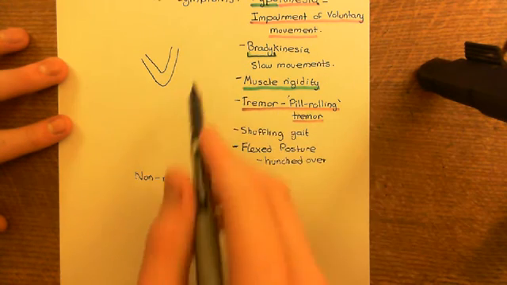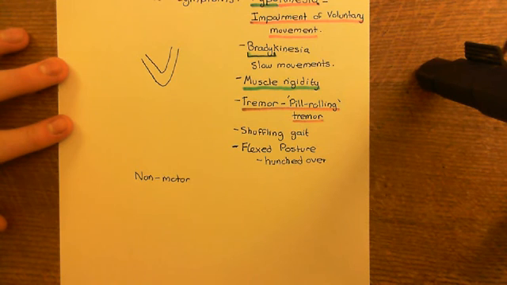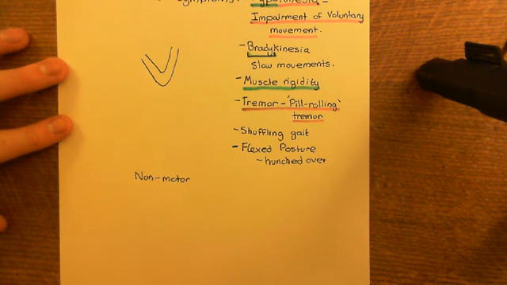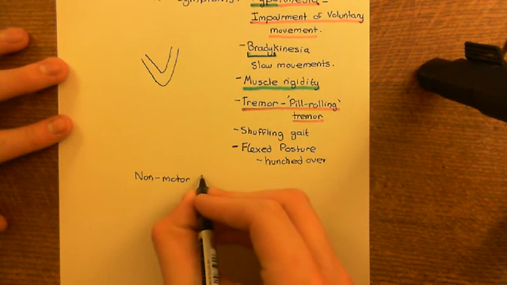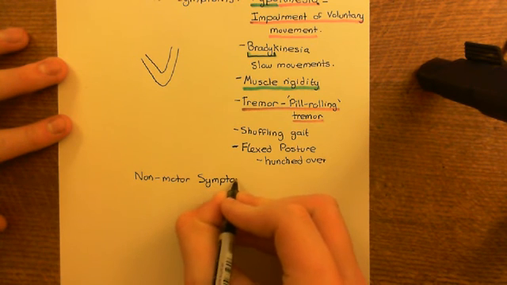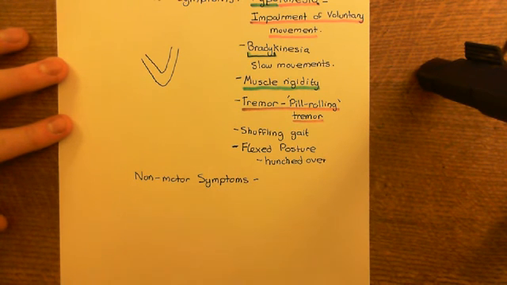Some of these other motor ones will be caused by neurodegeneration outside of the substantia nigra pars compacta, and these non-motor symptoms that we're talking about here are certainly going to be caused by neurodegeneration outside of the substantia nigra pars compacta. So, the non-motor symptoms of Parkinson's disease.